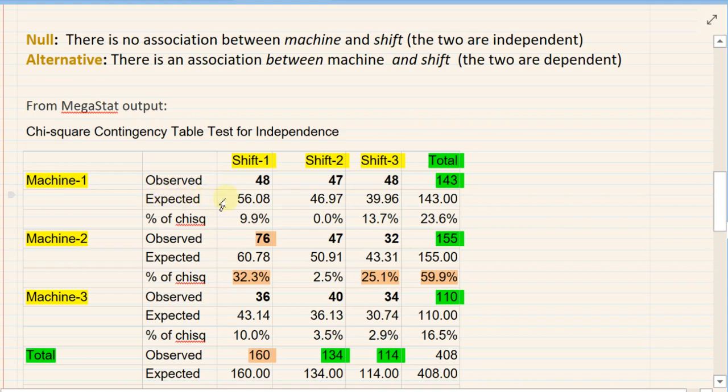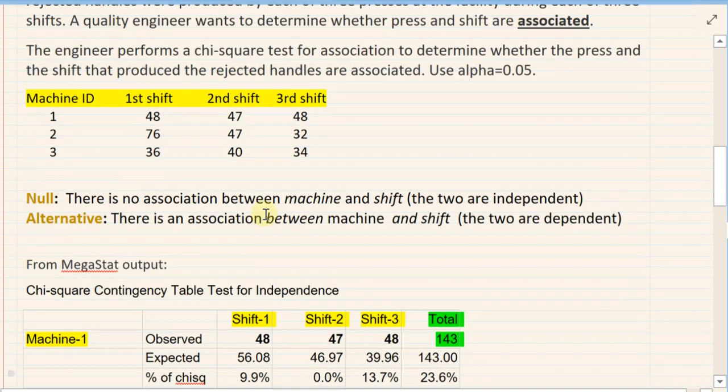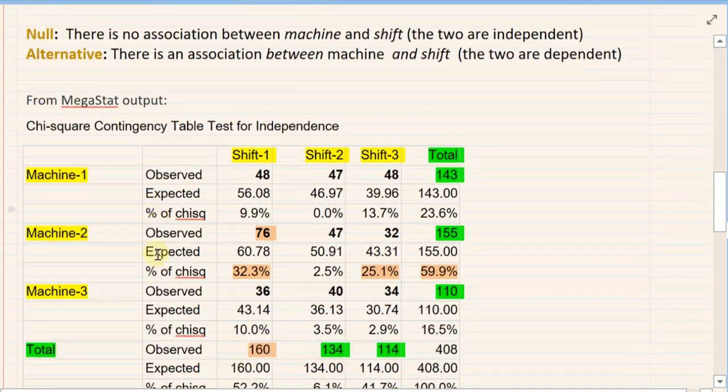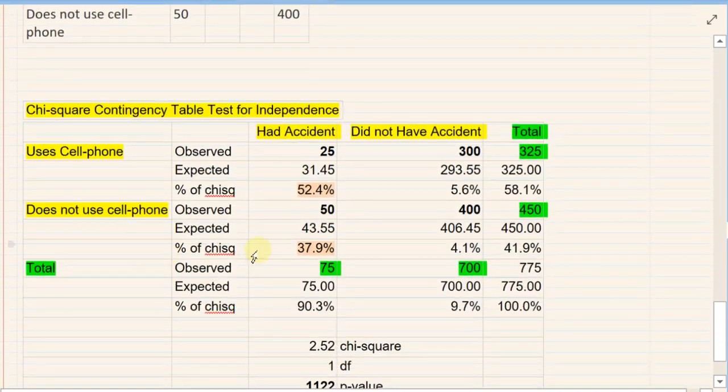Now cells that have less than 5 expected frequencies, let's see if we had any. Here's expected 56, 46, 39. None of them are less than 5. And this one 43, 36, 30. None of these expected frequencies are less than 5. So this assumption is met. Looking at our second example, expected frequencies 31, 293, 406, 43, and 70, and that's it. Those 4.